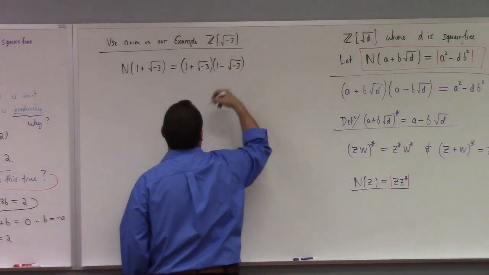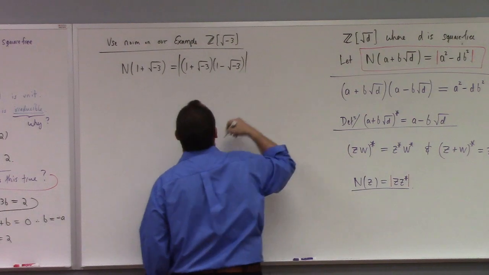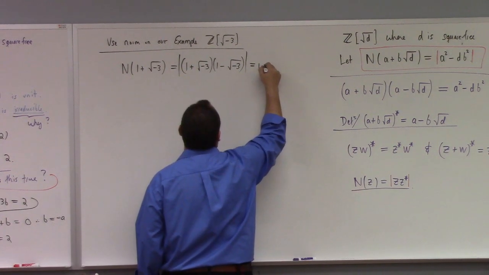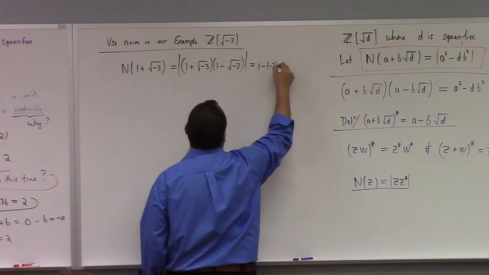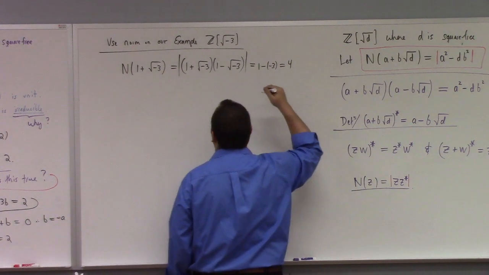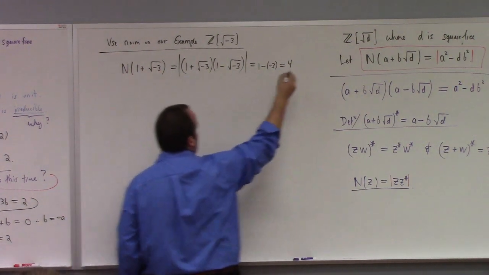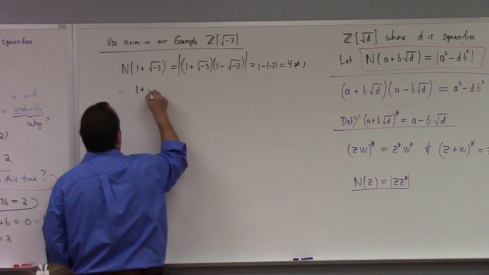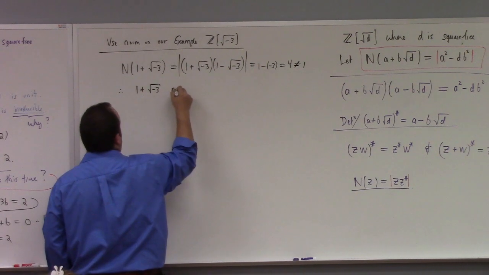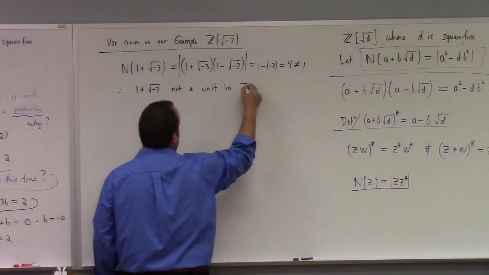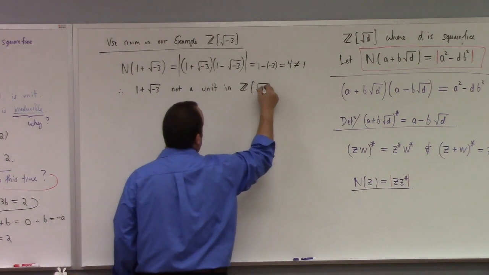I mean, you can do this different ways. Take the absolute value of that, yeah? So that's 1 minus negative 3. So I think that the norm is 4, isn't it? Yeah. So this is not equal to 1, right? So therefore, 1 plus the square root of minus 3 is not a unit in Z adjoin the square root of minus 3.